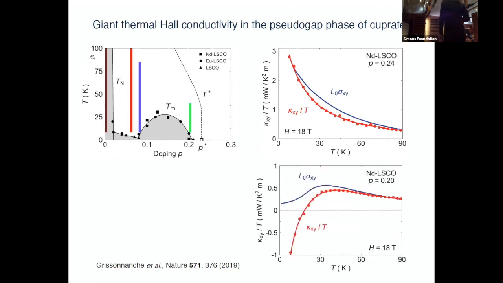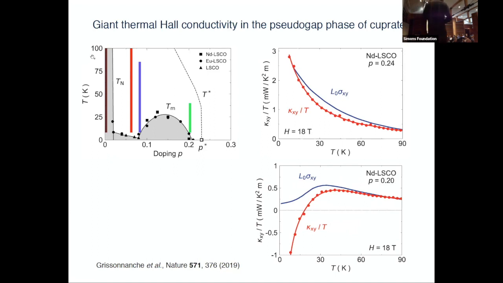If you decrease the doping now into the pseudogap phase, where the green line is, so at 20% doping, things are okay at high temperature, above T star, but then at low temperature, things completely separate. Basically, a negative contribution kicks in.